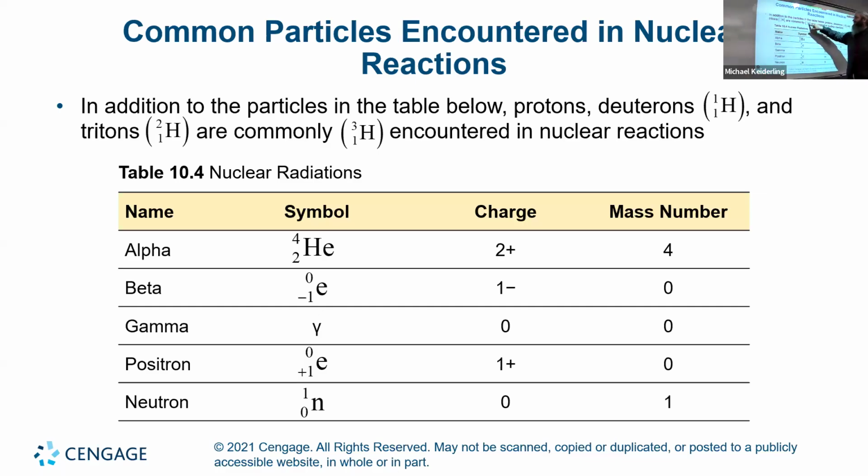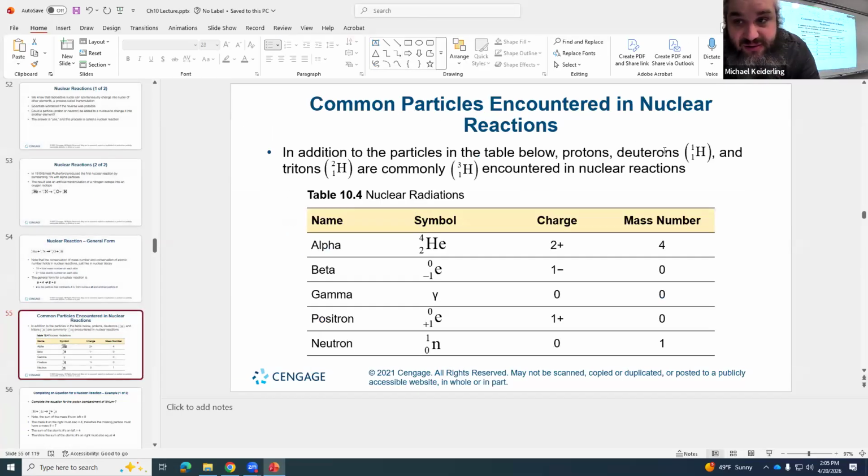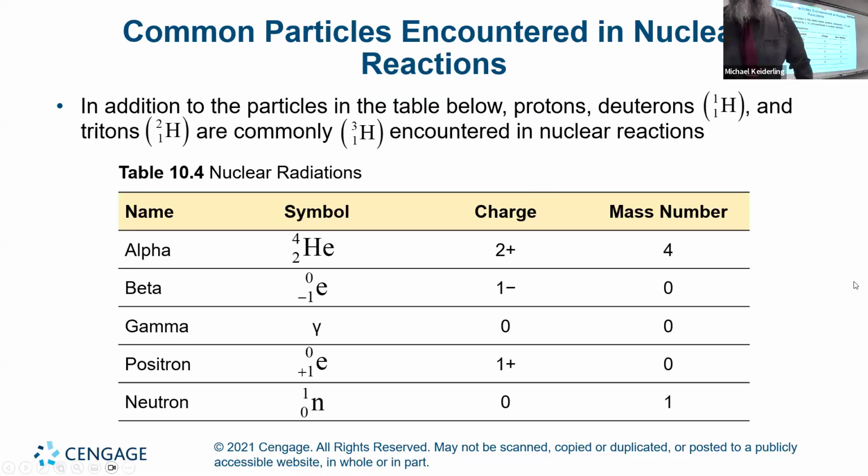This is deuterons. This is tritons. These are encountered in nuclear reactions. Let me fix that right now, if I can. Oh, no, I can't edit this. That's why I didn't fix it.